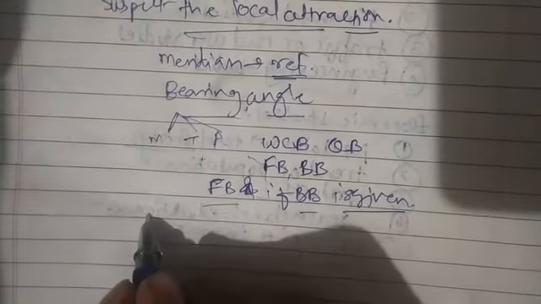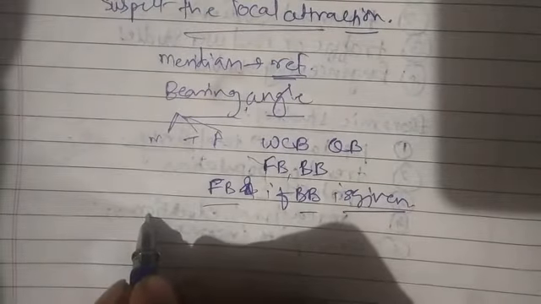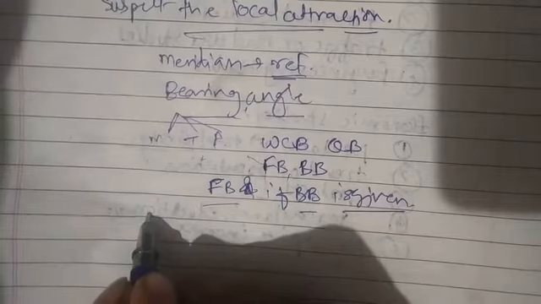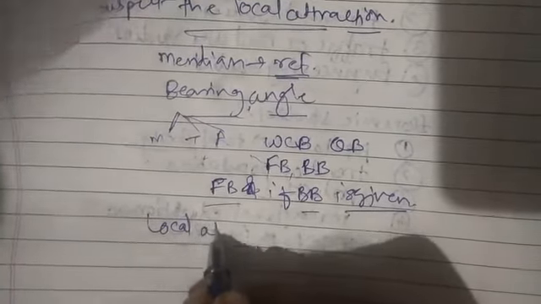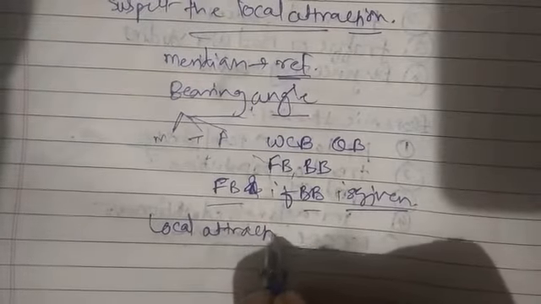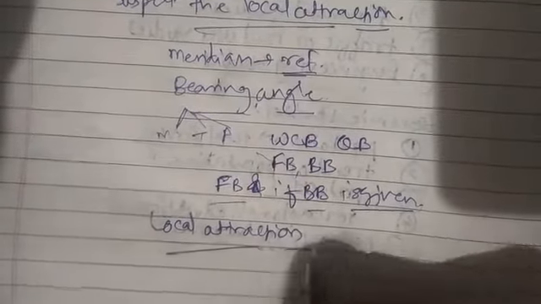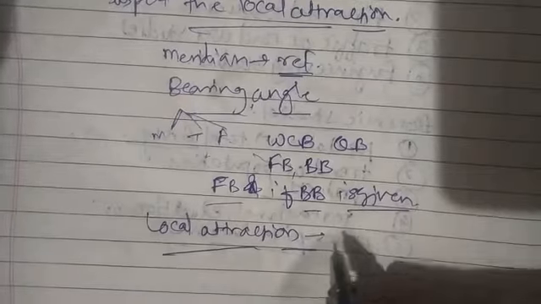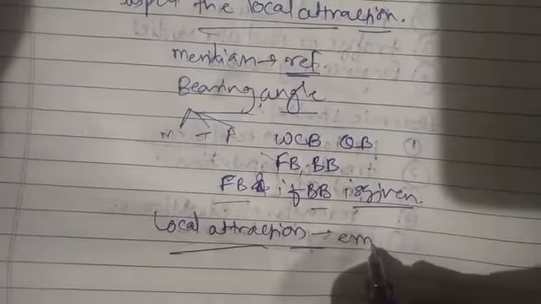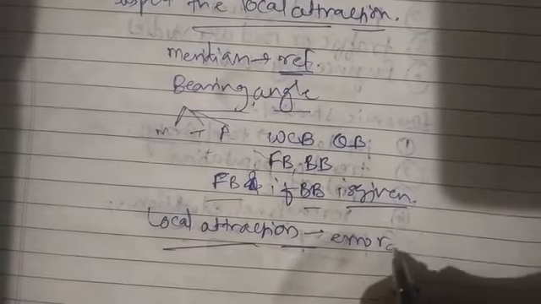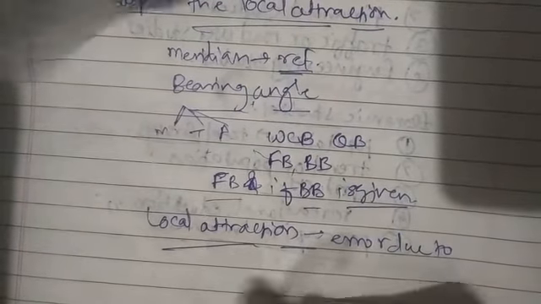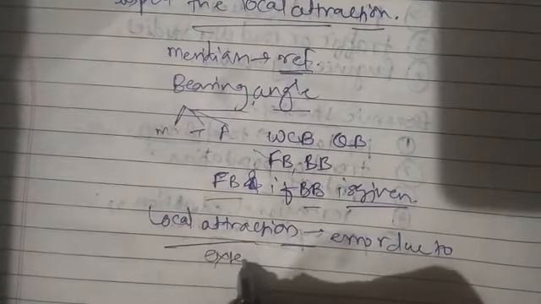At the last, in the last video we have discussed local attraction as well. So local attraction, it means it is error arised due to external magnetic field.